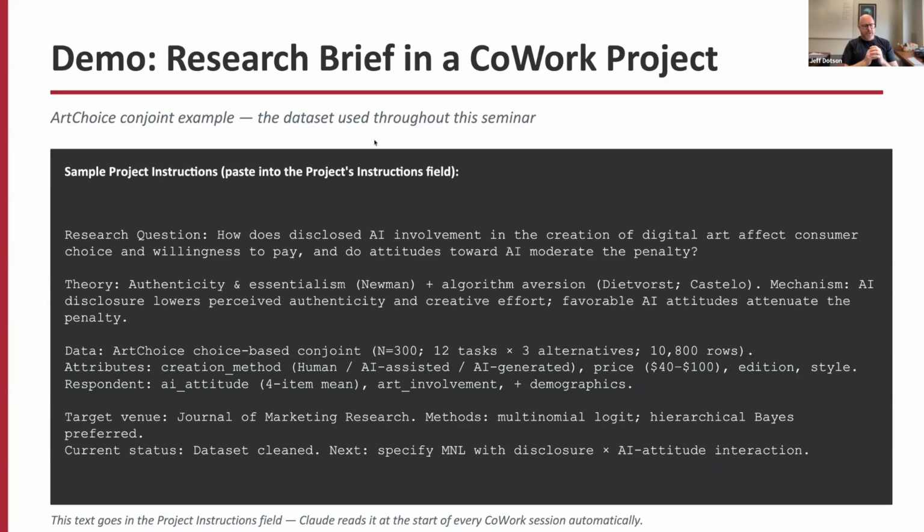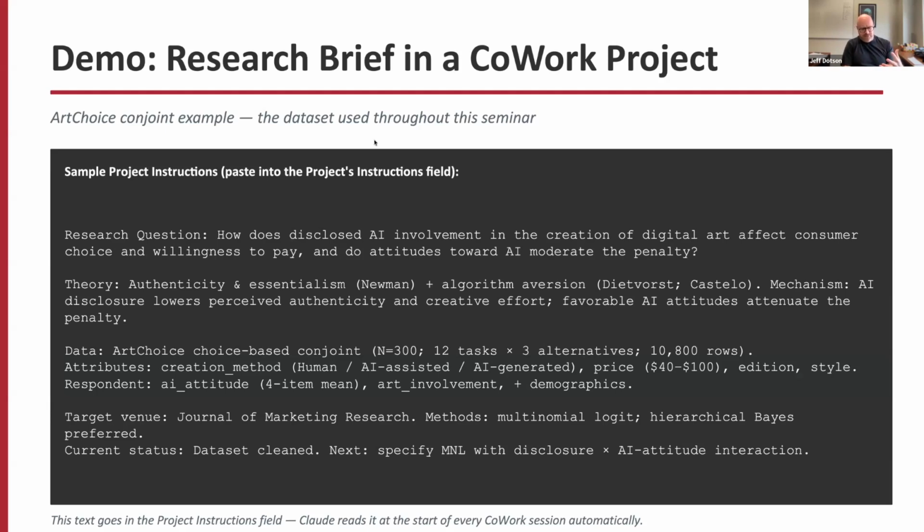The data we're going to use is a choice-based conjoint. In this case, I'm going to assume I've already collected the data. So my N is 300. I've got 12 choice tasks with 3 alternatives per. So I've got 10,800 observations effectively. Here are my attributes. Here's what I've manipulated. Here's what I'm measuring about respondents. Here's the target venue.